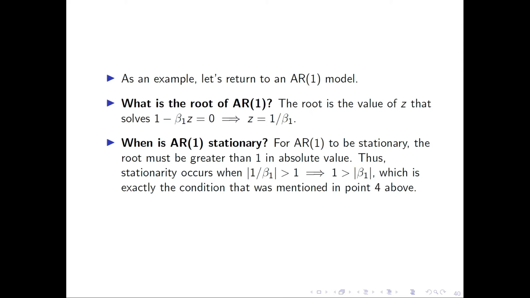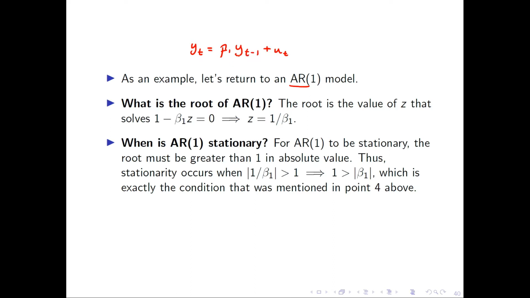To get a grip of the idea behind the root of the equation, we can take a look at the autoregressive model of order 1. And what is the root of this process? Well, you have yt equals beta 1 times yt minus 1 plus the error term ut.